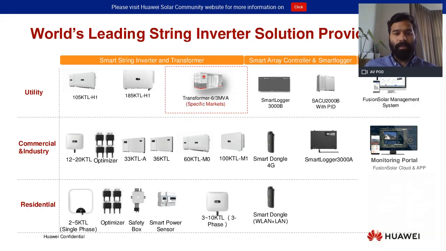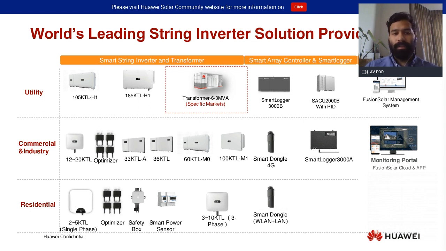So first, I want to start with our current portfolio. For those of you that are familiar with the product, we have inverters for residential, commercial, industrial, and utility applications. Today, most of the examples and scenarios are based on the utility scale, but the architecture of all of the inverters are similar, so you could consider this also for commercial and industrial applications or residential even.